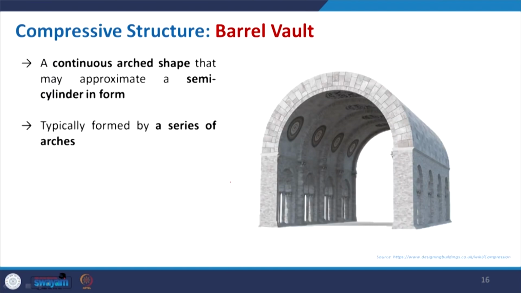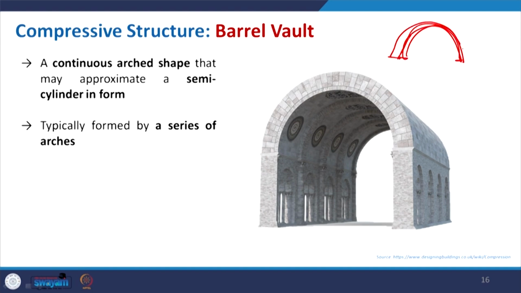Next, another kind of compressive structure is the barrel vault. In a barrel vault, you can say it is a stretched arch form. Previously we have seen that the arch is a compressive structure.